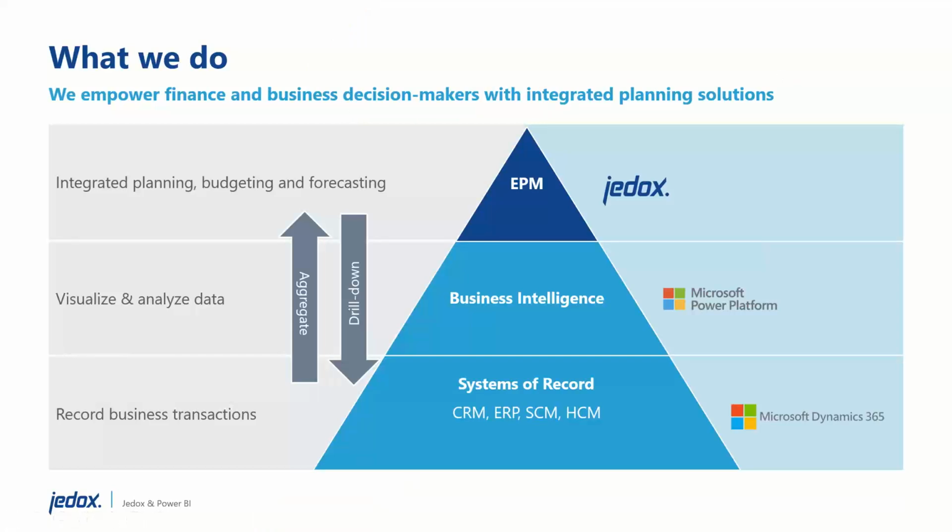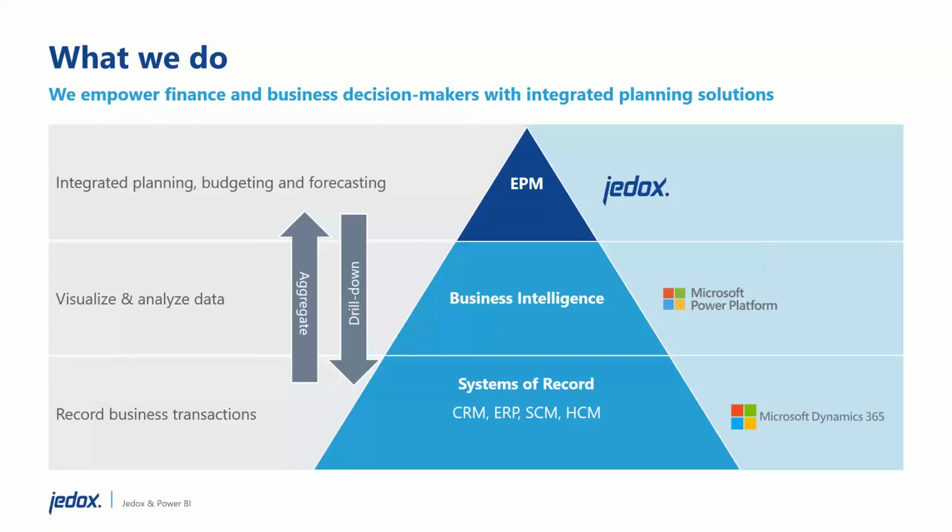So what we do at Jedox, every single day, with the whole team, is create integrated planning, budgeting, and forecast solutions for our customers. The whole topic, what we now call EPM, Enterprise Performance Management. Of course, Enterprise Performance Management is not the only thing, but you normally already have, in addition to that, a business intelligence platform where you can visualize data, where you can analyze data, build dashboards, reports, whatever.